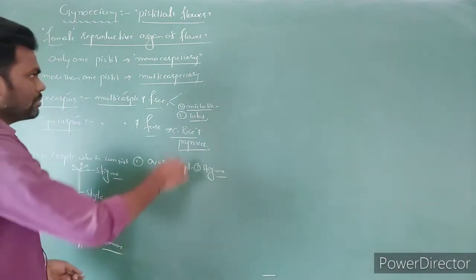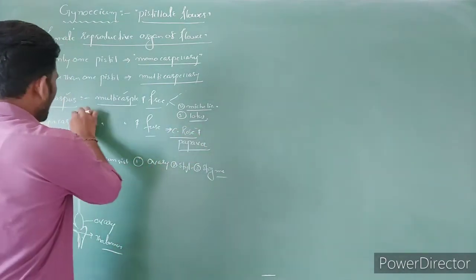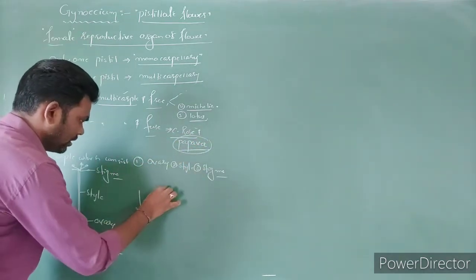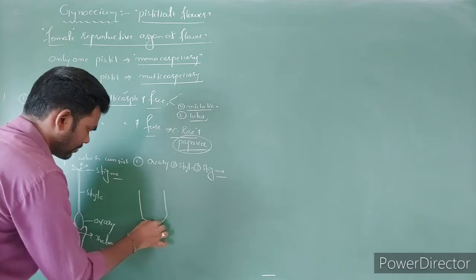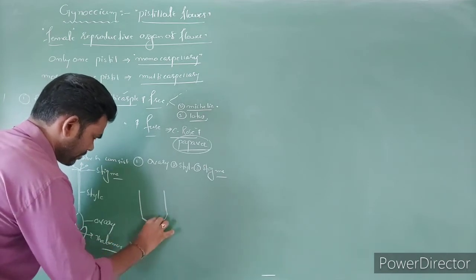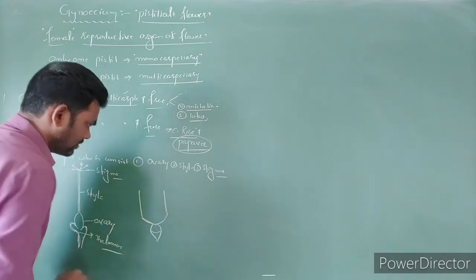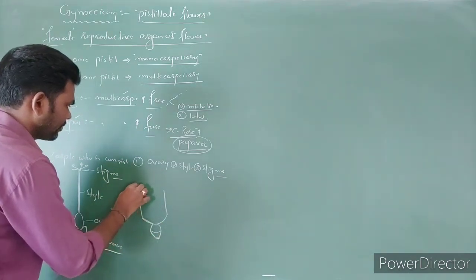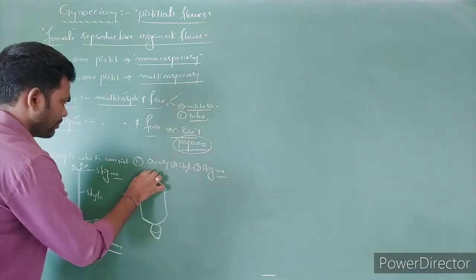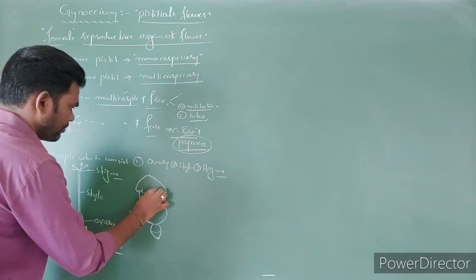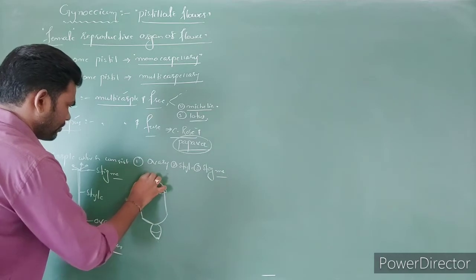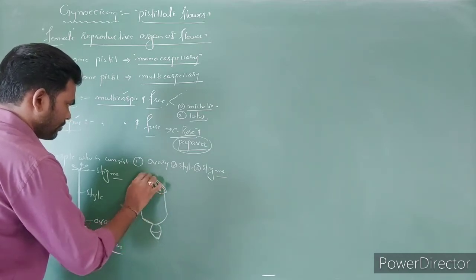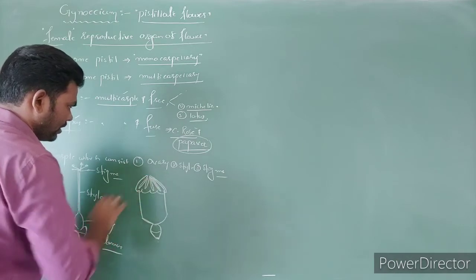Next, here one example is given which is syncarpus. The example is the papaver diagram. Here, like this, is a fruit-like structure we can notice.